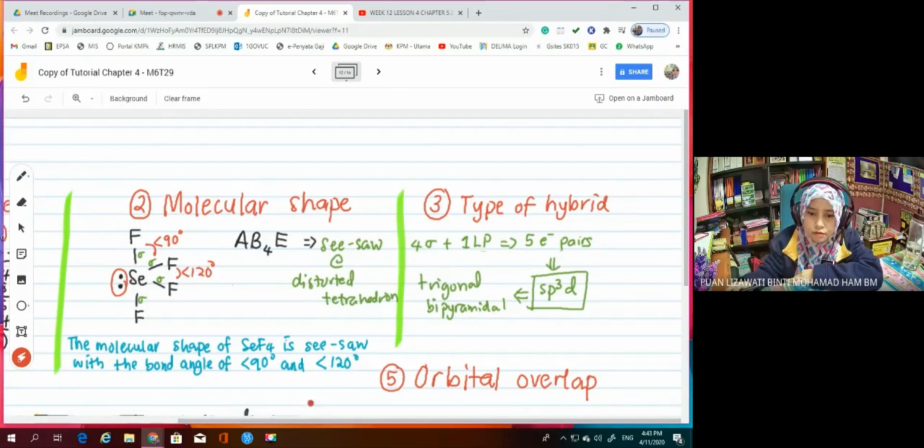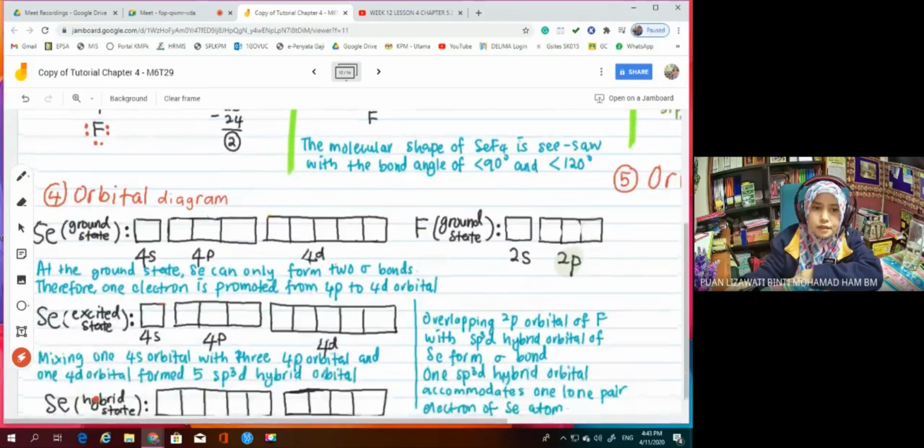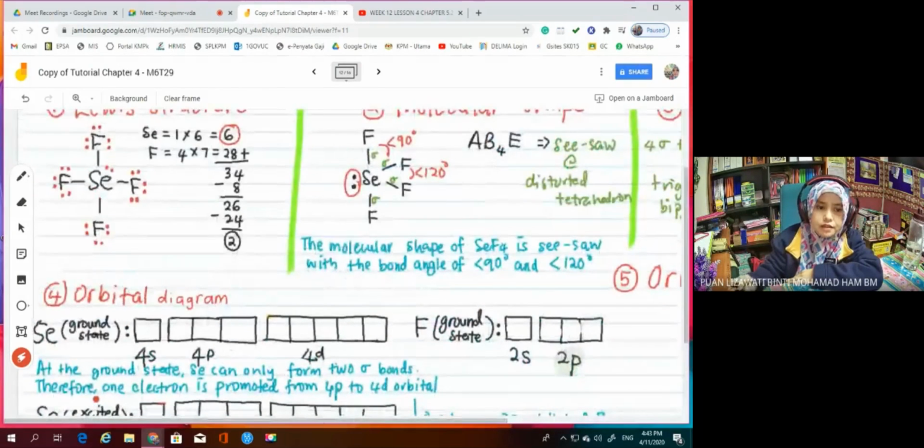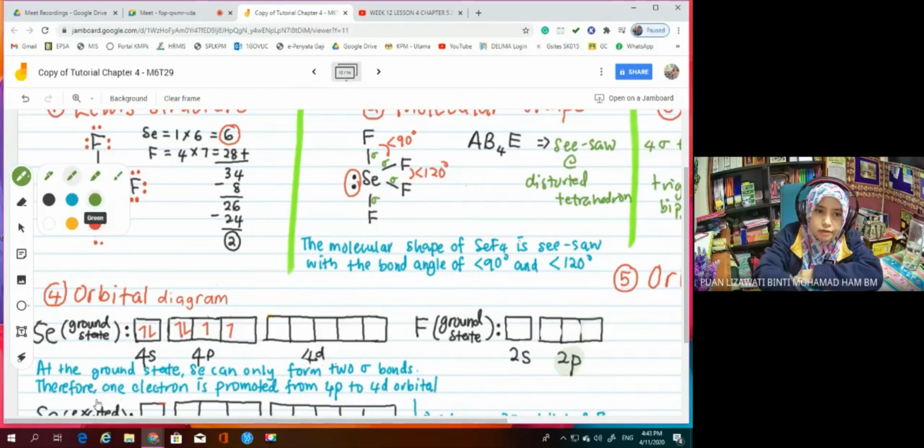Okay, now we move to the orbital diagram. For the orbital diagram, we start by drawing the ground state, which refers to Se. Se has 6 valence electrons. In the ground state, there are 2 paired electrons with 2 single unpaired electrons, which means Se can only form 2 sigma bonds.